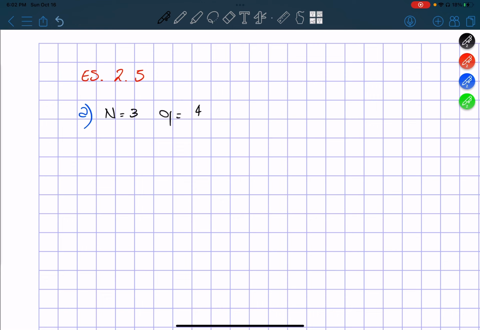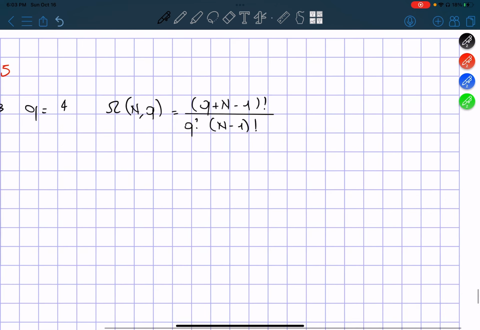Now we can use the general formula to find the number of microstates in an Einstein solid with n oscillators and q units of energy, which is equal to q plus n minus 1 factorial over q factorial times n minus 1 factorial.